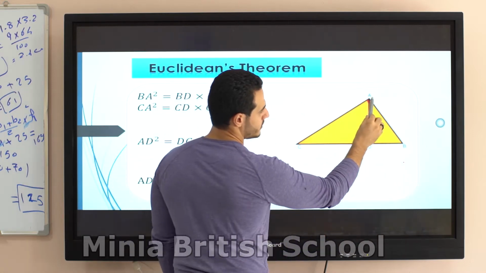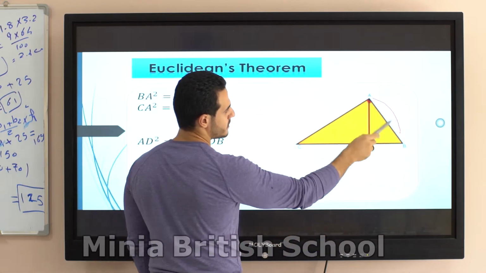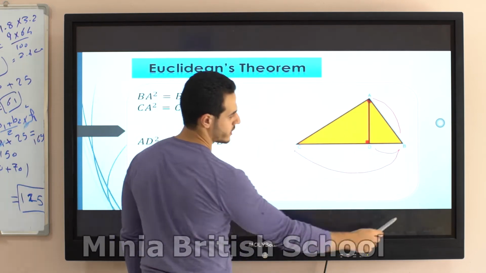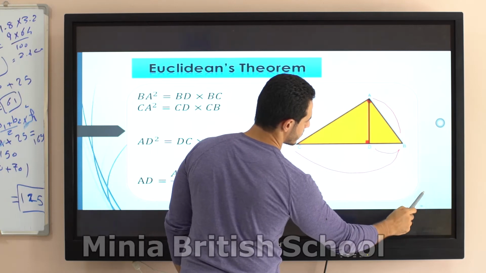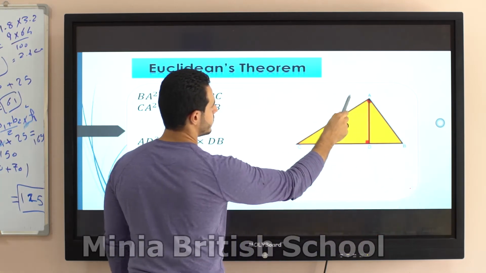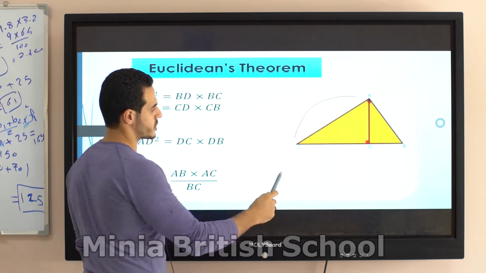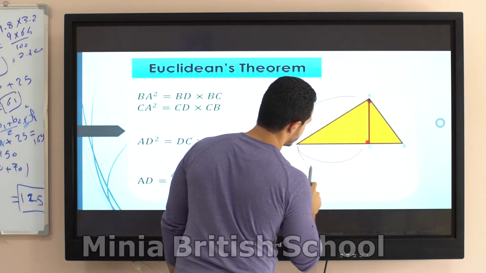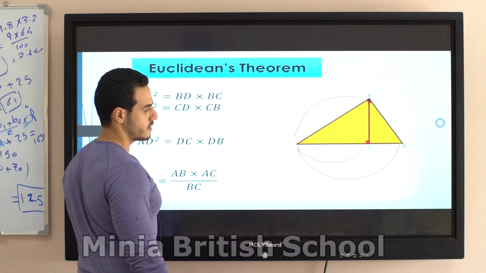So again, to find AB, I will say AB square equals BD times BC. To find AC, its projection, AC square equals CD times CB.